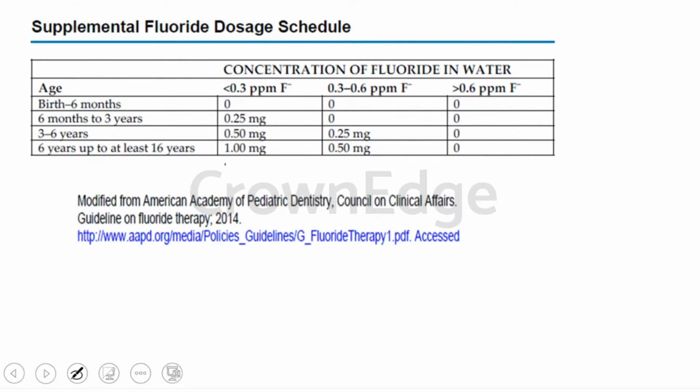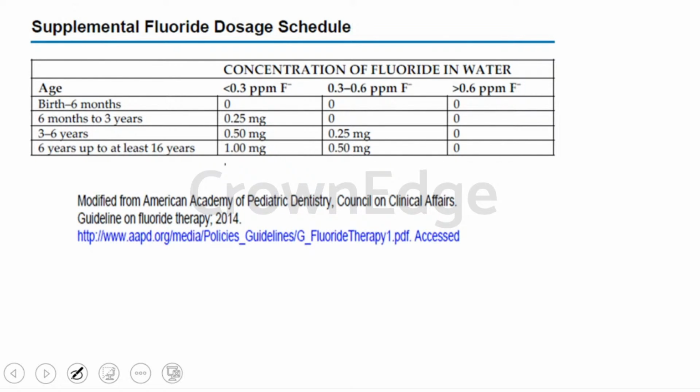Now, what I'm showing you is one of the guidelines that has been given by the AAPD again on fluoride therapy. All right. Like I said, you have to see the age of the child and whether the area has been fluoridated or not. Okay. In this particular case scenario, the child is 2 years of age and they are living in a non-fluoridated area.